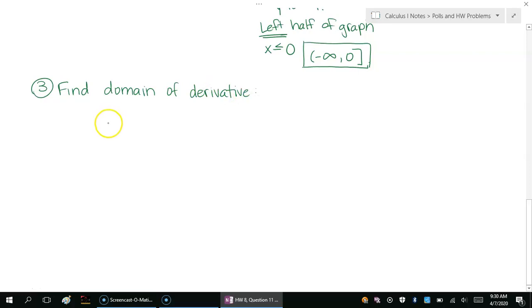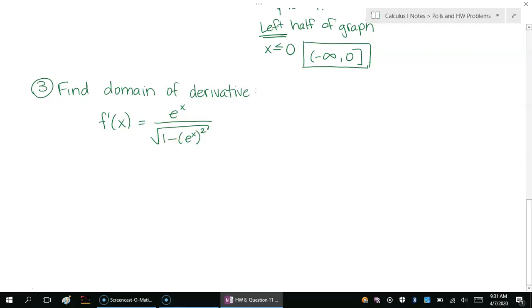Let me again recall what the derivative was. We figured out in the first part that the derivative of this function is e to the x divided by the square root of 1 minus e to the x squared.